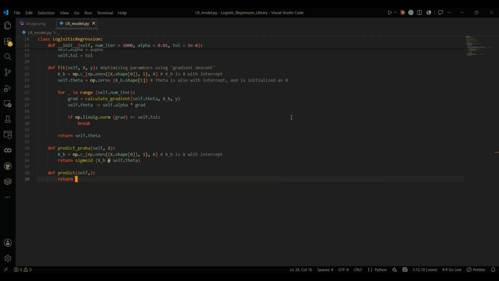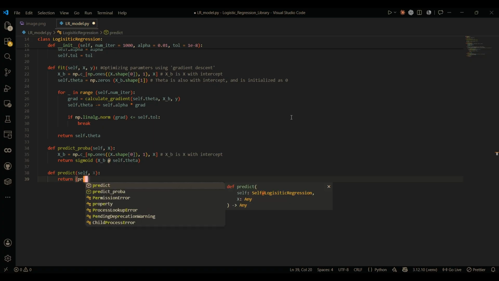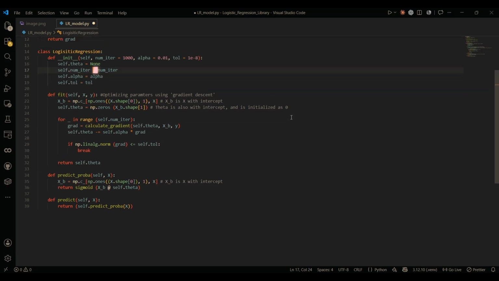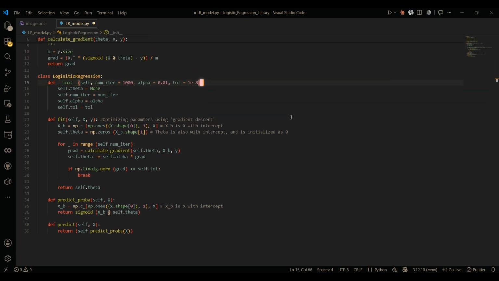So finally, for the predict function, you'll also only need x, right? Yeah, only need x, and you return predict_proba of x compared with a threshold. Oh yeah, we should let the threshold be a parameter that can be modified.